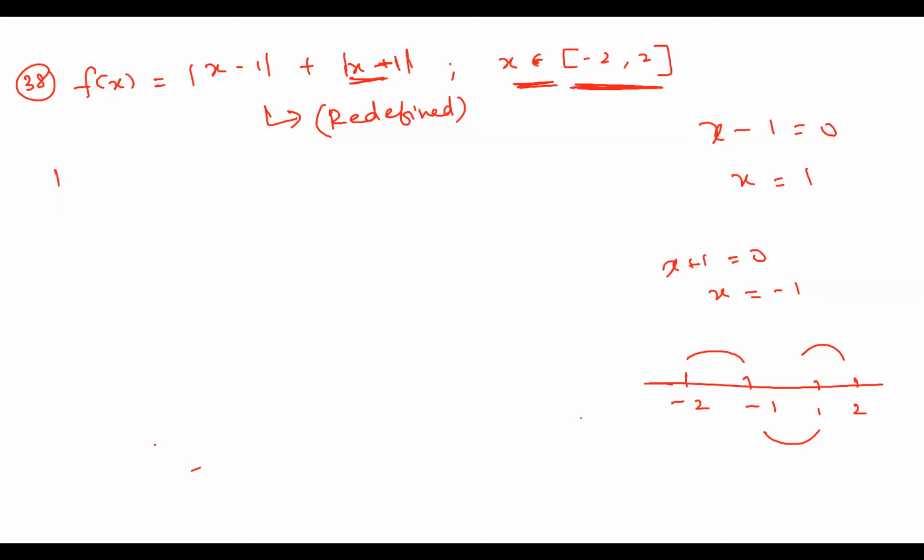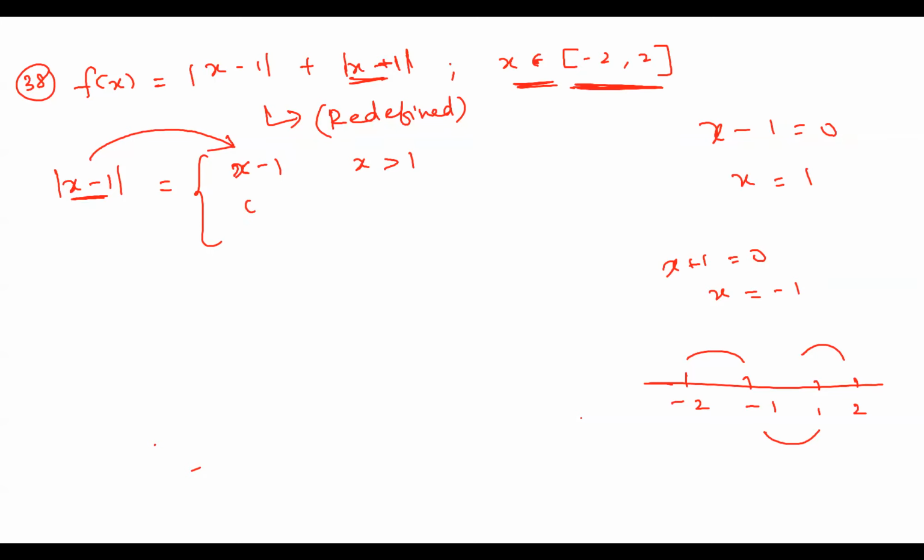So for mod of x minus 1, observe how I'm going to break it. I will write the value inside the modulus as it is, x minus 1 as it is, when x minus 1 is greater than 0. That is when x is greater than 1. I'm repeating this, listen carefully. You will write the inside function as it is when the inside function is greater than 0.